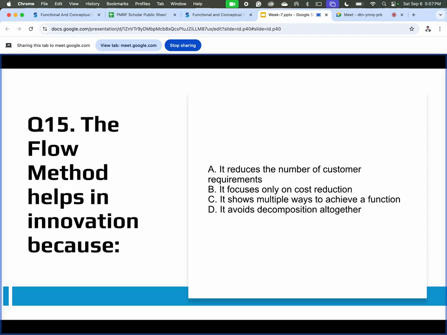The flow method helps in innovation because it reduces the number of customer requirements, it focuses only on cost reductions, it shows multiple ways to achieve a function, or it avoids decomposition altogether. What is the right answer? Can you answer?